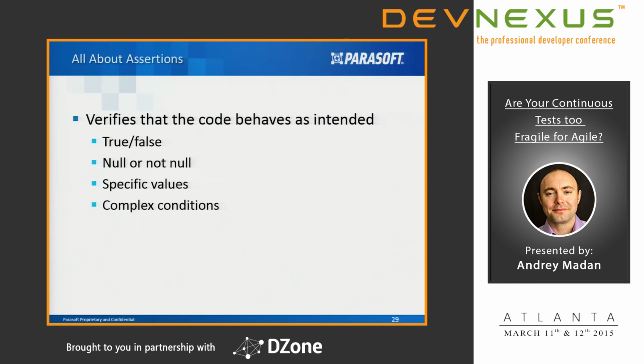All right, assertions. The problem with assertions is that they have to be very specific. So it cannot give you the maybe answer. Did your unit test pass? Maybe. It's not going to work. So assertions are there to verify that the code actually does what it's supposed to do.